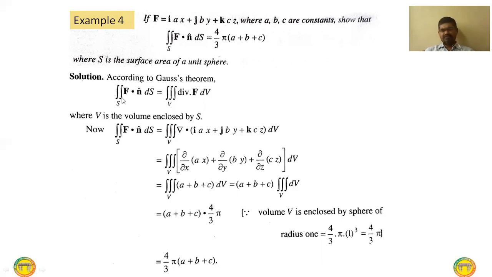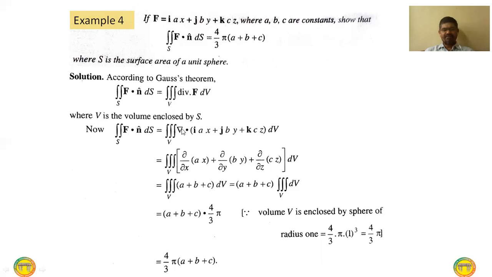According to Gauss theorem, the double integral of f bar dot n cap ds equals the triple integral of the divergence of the vector field into dv, where v is the volume enclosed by s. Therefore, substituting the vector field value, del bar dot iax plus jby plus kcz.